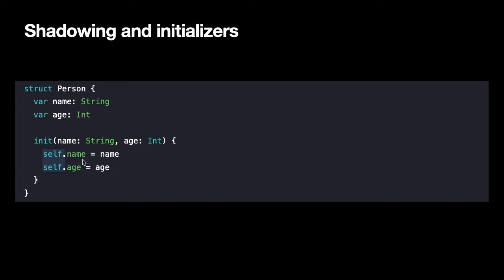But to access the property of the struct, we can't just use name again because that would be ambiguous. Instead, we have to use self.name. And so we have a new keyword self, which refers to the object or instance that you are in. So we can take the name parameter and assign it to self.name, which is the struct property.